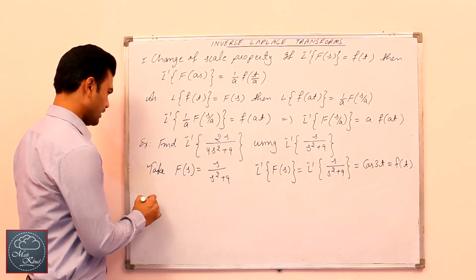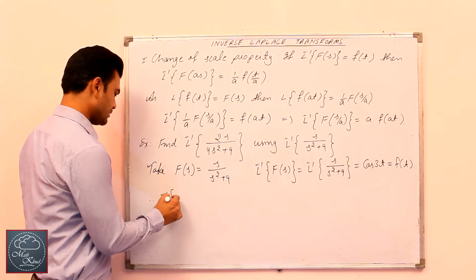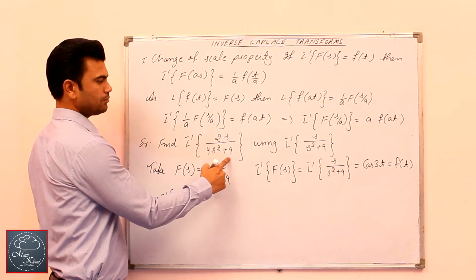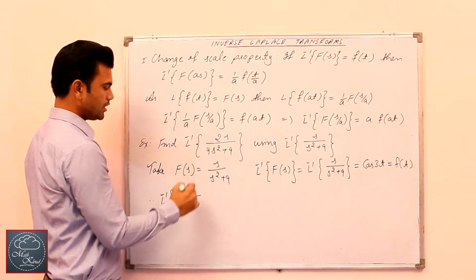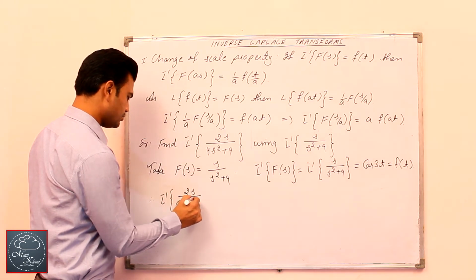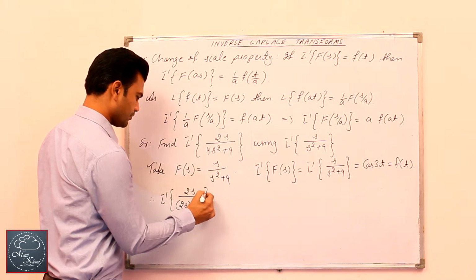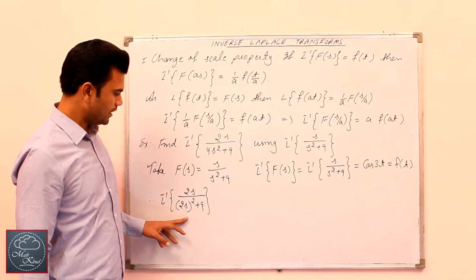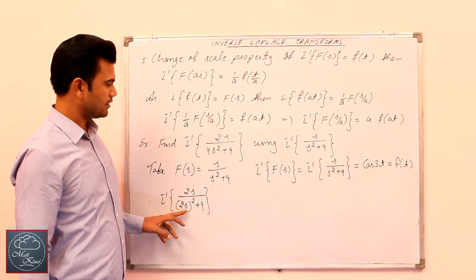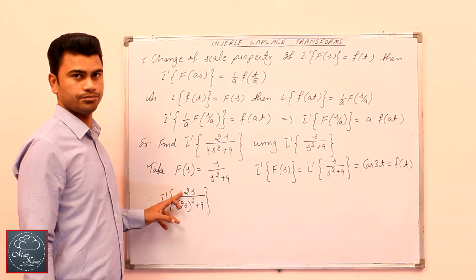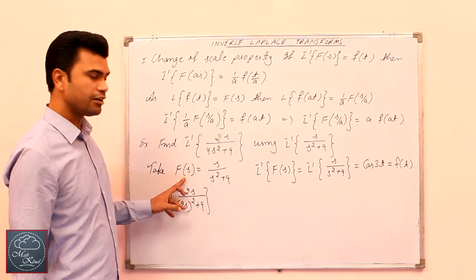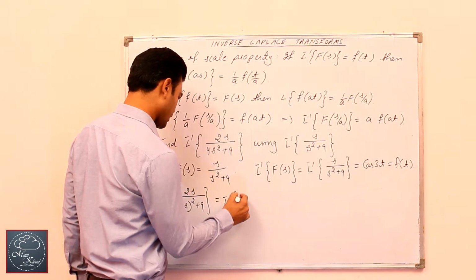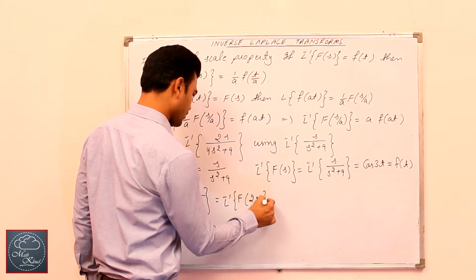Now I want to find the inverse Laplace transform of 2s over 4s square plus 9, and note that 4s square I can write as (2s) square plus 9. So the only difference between this F(s) and this function is that we have multiplied our variable s by 2. Therefore, if this is F(s), this function will be F(2s).